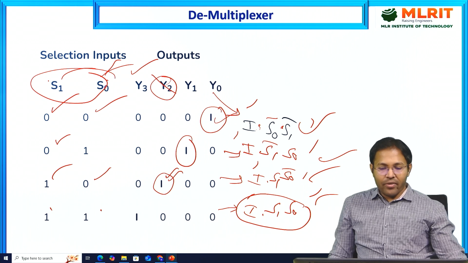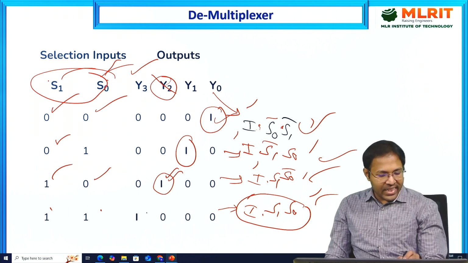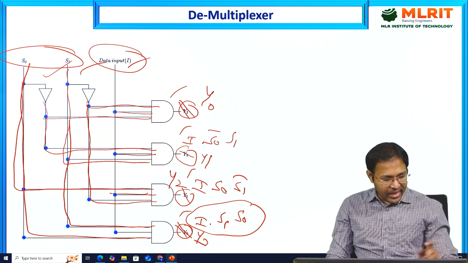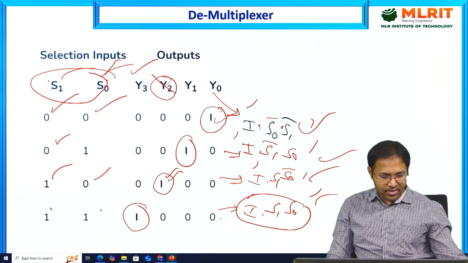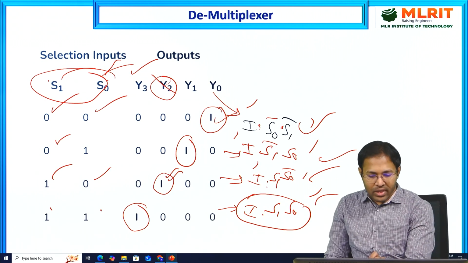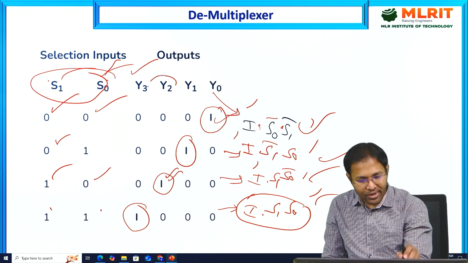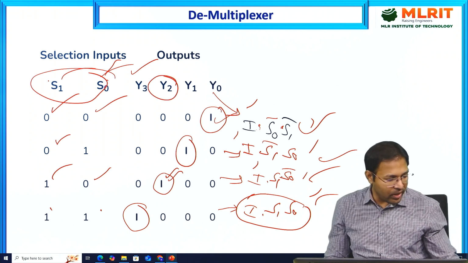But if you look at the case of Y3, both are in true form, so no issues. But what about this? This is Y2, and for the case of Y2, we have I into S1 S0 bar.